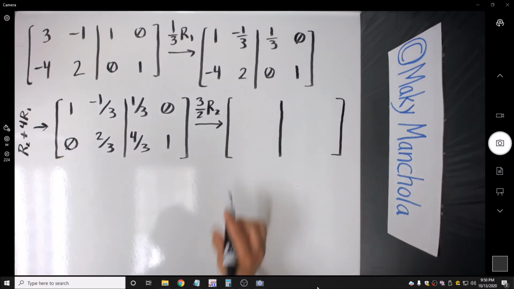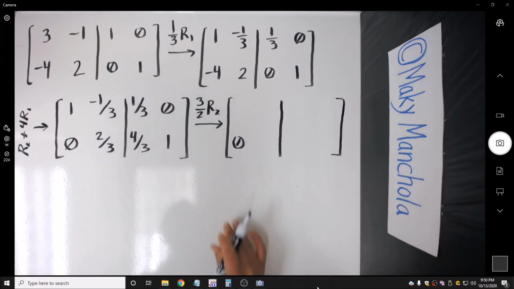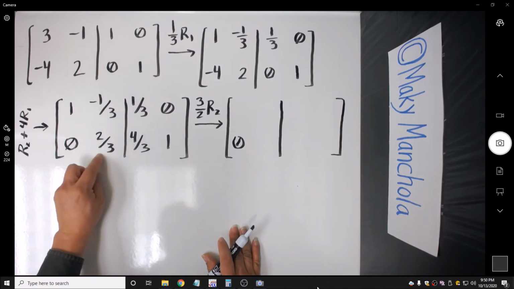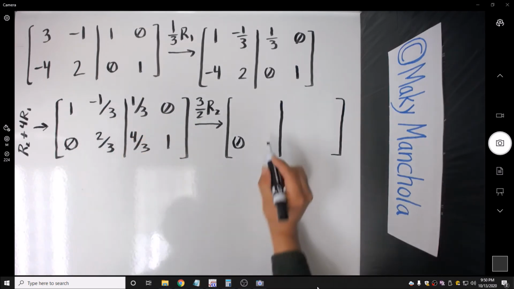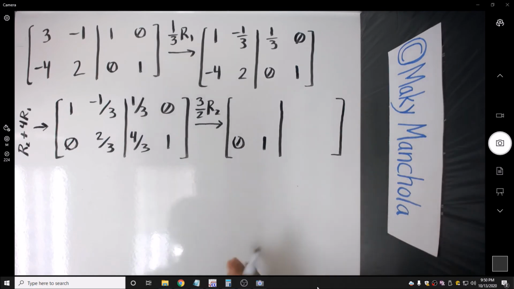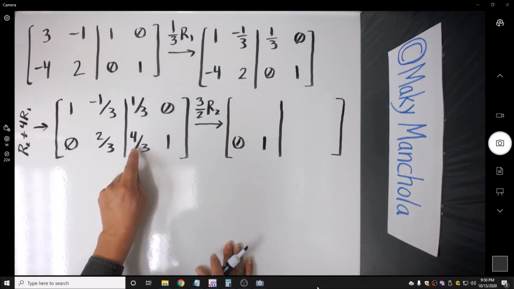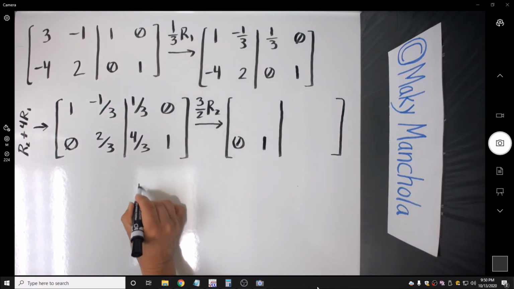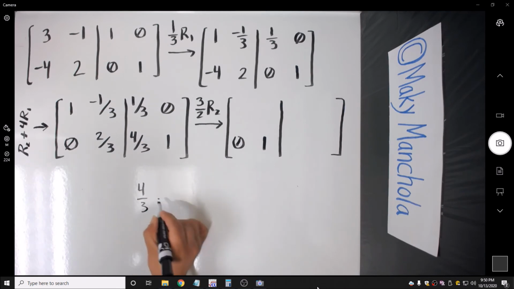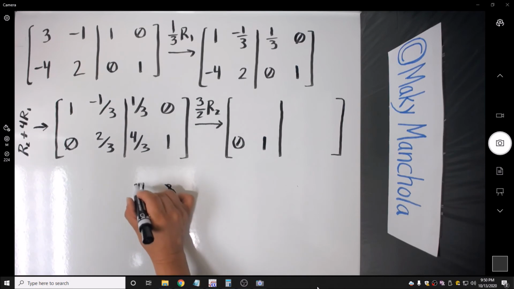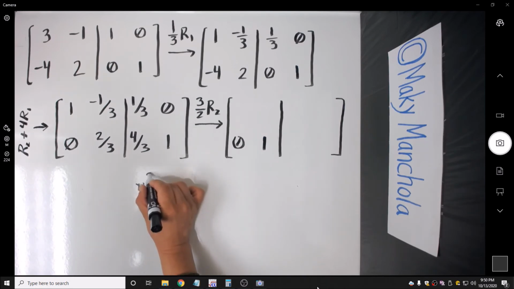Zero times 3/2 is 0. 2/3 times 3/2 is 1. That's what we wanted. Careful with the arithmetic here. 4/3 times 3/2. The 3's cancel, and then 4 over 2 becomes 2.